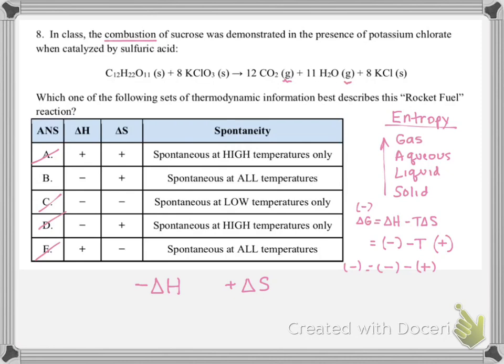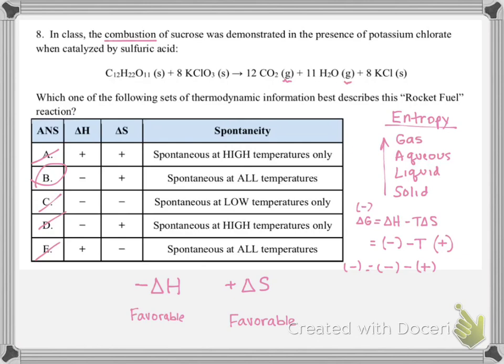And this kind of makes sense because a negative delta H is considered favorable, and a positive delta S is considered favorable. So we have both of those things working in our favor anyway. So it makes sense that it would always be spontaneous.